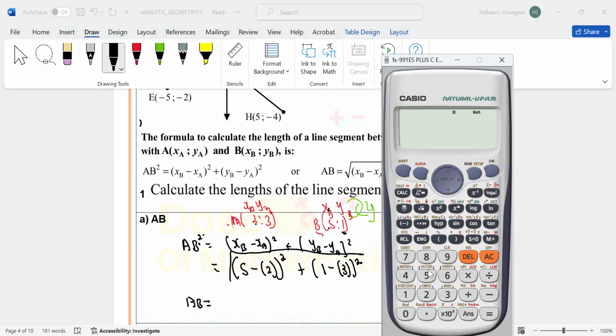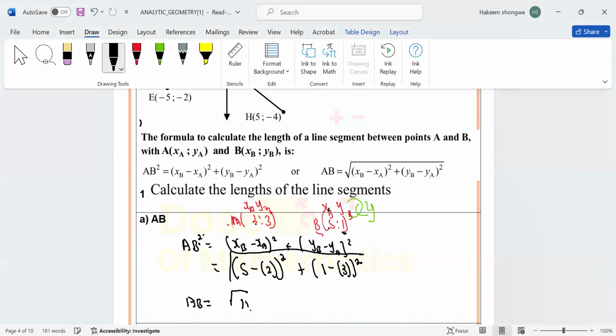So you're going to have root, open bracket, 5 minus open bracket 2 close bracket all squared, plus 1 minus open bracket 3 close bracket squared. And the answer that you get is the square root of 30.